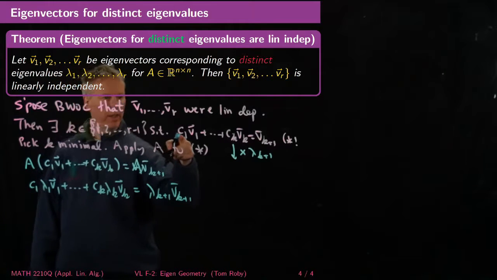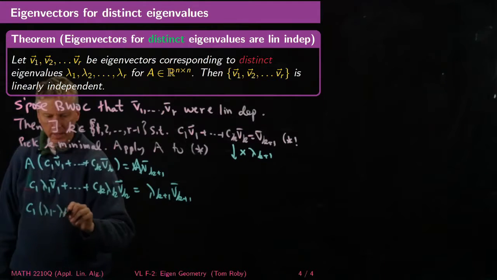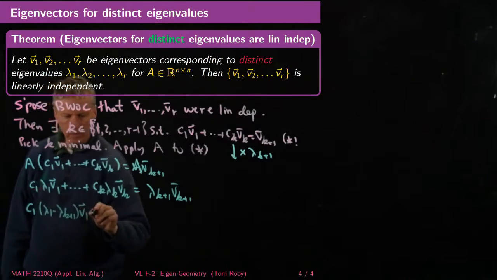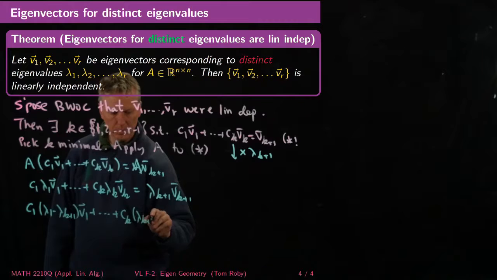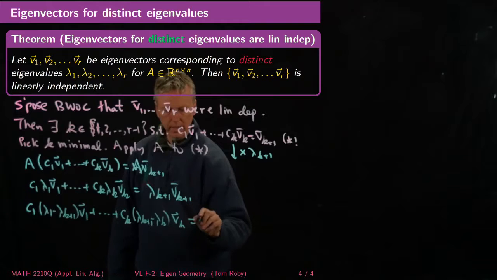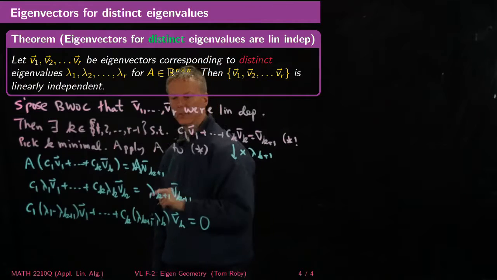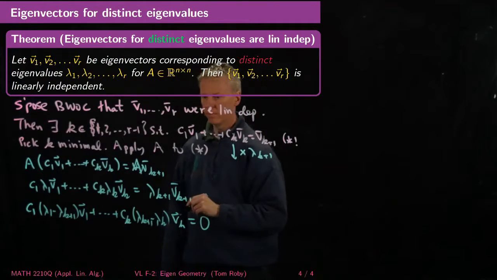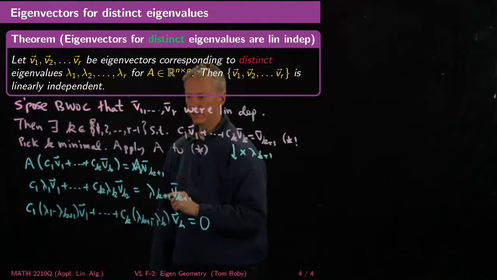If I do that, then I'll get c1 times (lambda 1 minus lambda (k+1)) v1 plus ... plus ck times (lambda k minus lambda (k+1)) vk. That's going to be equal to 0, because I'll have lambda (k+1) v(k+1) on the right side, and I'll subtract the same thing. So you multiply star by lambda (k+1), and then you subtract it from this.